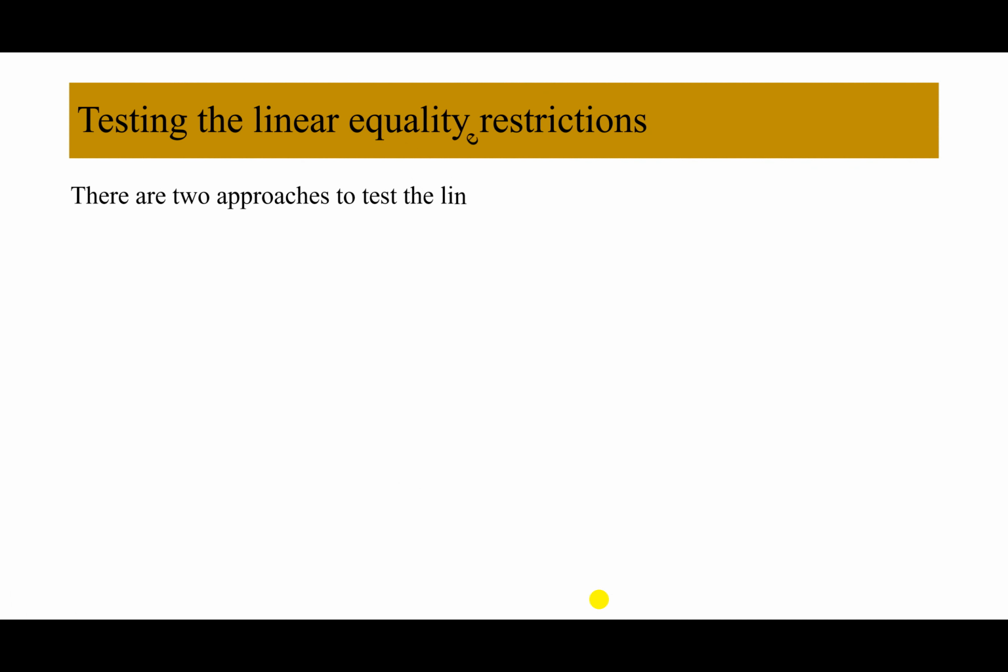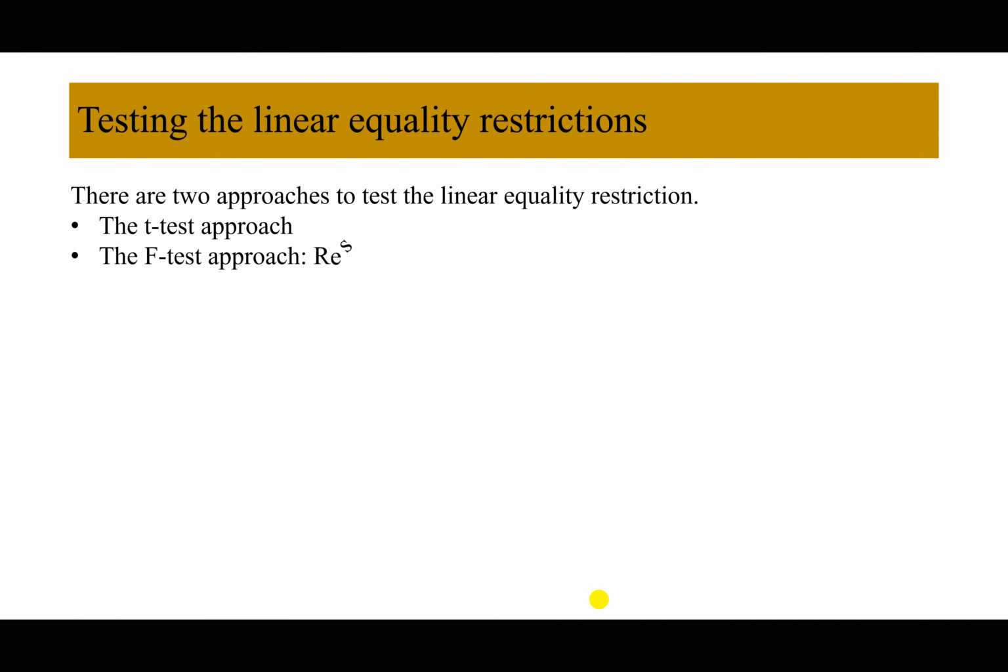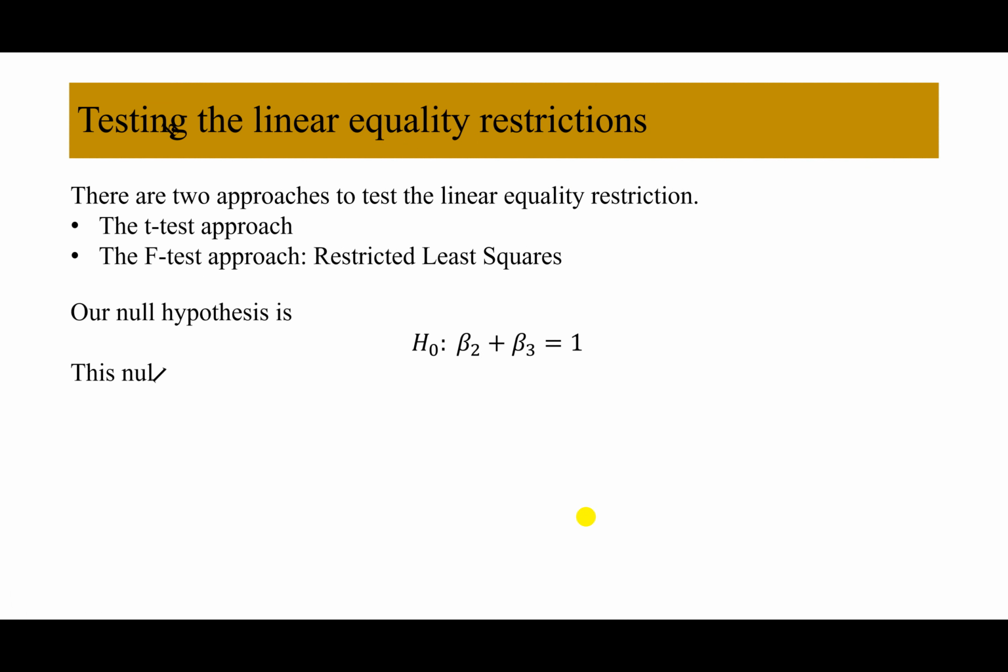There are two approaches to test the linear equality restriction. The first one is the t-test approach, and the second one is the F-test approach, the restricted least squares. Our null hypothesis is that beta 2 plus beta 3 equals 1, which states that there are constant returns to scale.